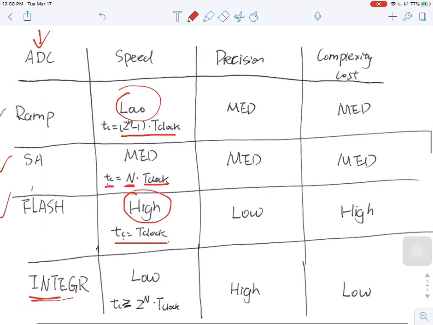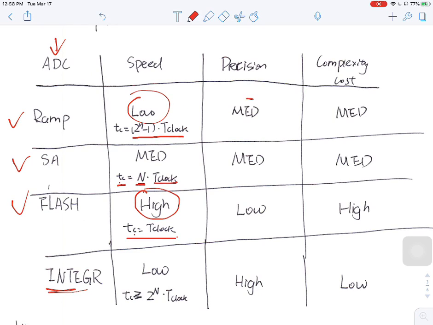However, ramp ADC has medium precision, and the complexity and cost are medium. Similarly for SA ADCs. But for flash ADC, it's not very accurate. It has low precision, and it's quite complex and has a higher cost.